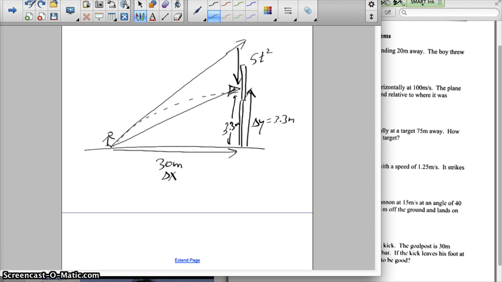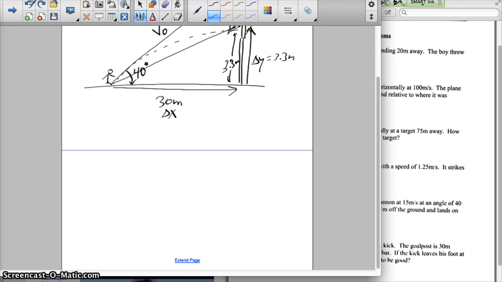I don't know t. And my initial velocity, I don't know. But I know that this angle here looks like 40 degrees. So see what I can figure out.